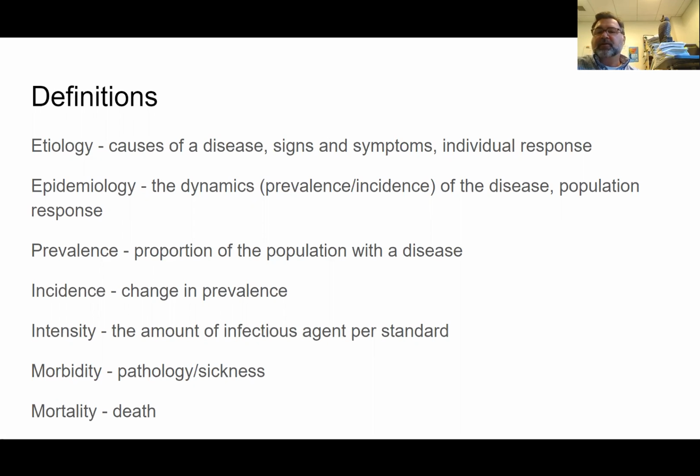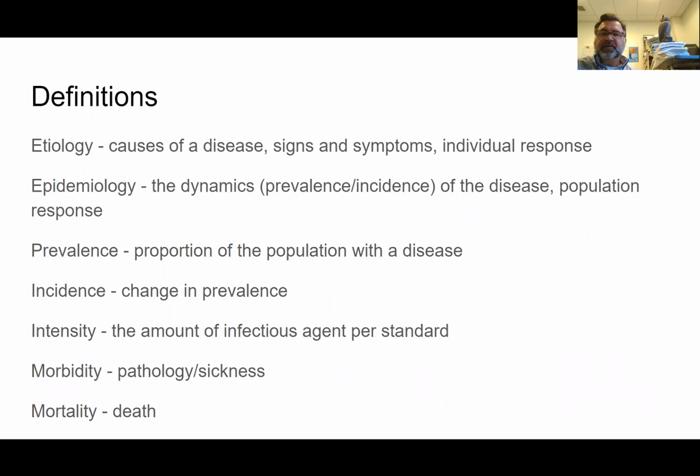So how sick does it make you? Does it kill you? For example, epidemiology is the study of the dynamics. So whether a disease is increasing or decreasing in a population and how it moves through a population.